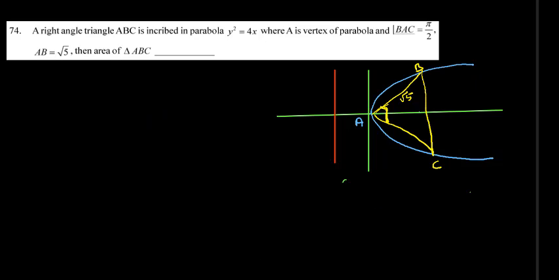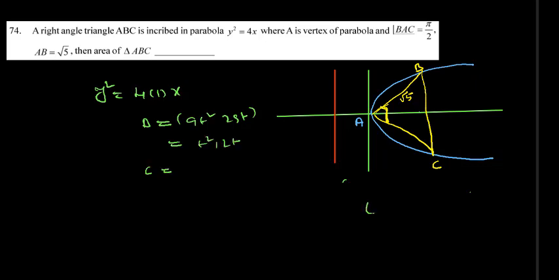In our parabola, y squared is equal to 4x, which is 4 into 1 into x, so a equals 1 here. Point B is (at1 square, 2at1), but here a is 1, so I can directly say (t1 square, 2t1). Now I can find C. Instead of t1 into t2 equals -4, t2 equals -4 by t1.